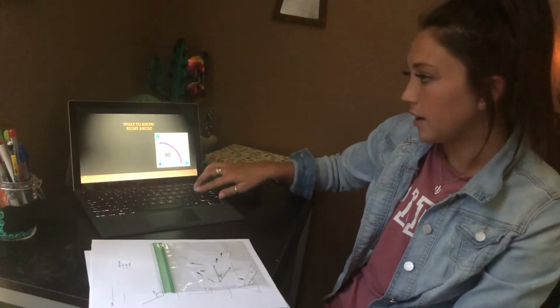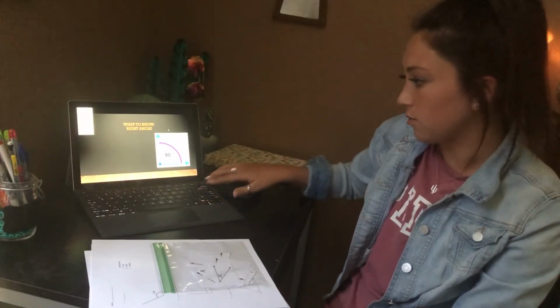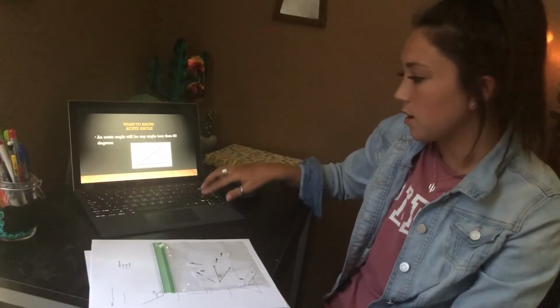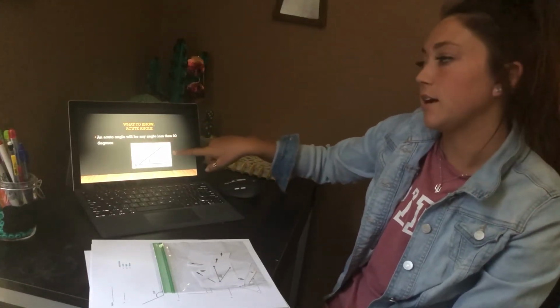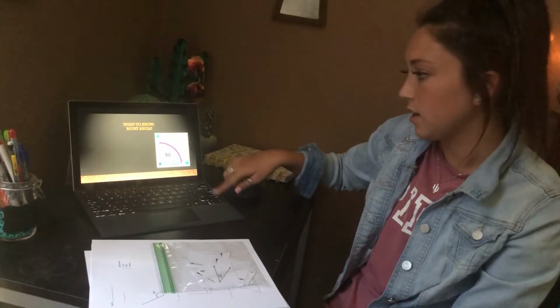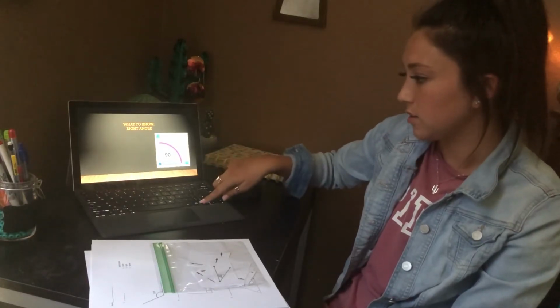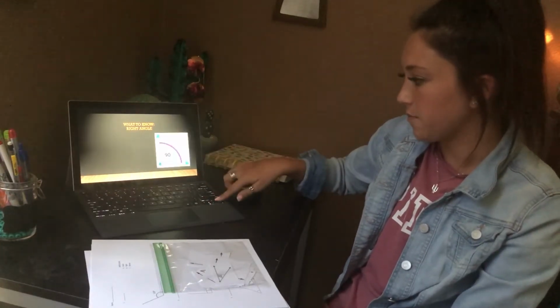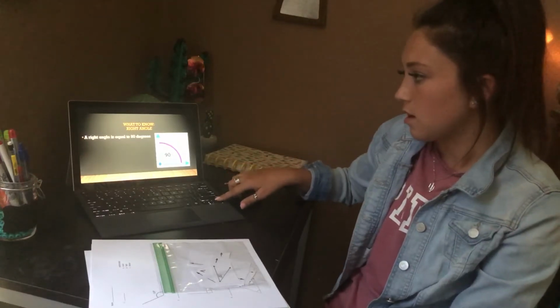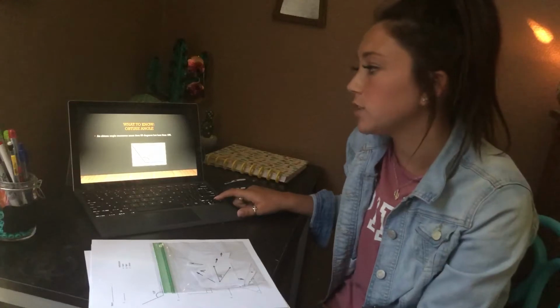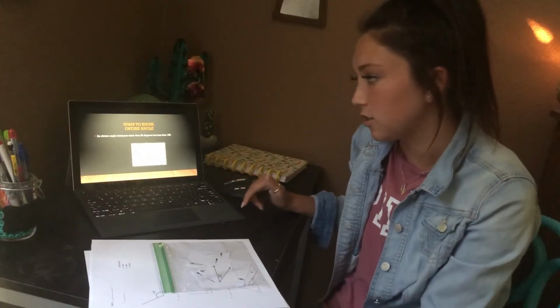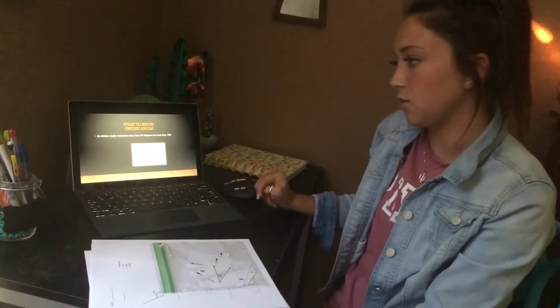And if we go back to the other one, this says an acute will be any angle less than 90 degrees. So now we see this is 90 degrees, and that's less. The next one is an obtuse angle, and an obtuse angle measures more than 90 degrees, but less than 180.